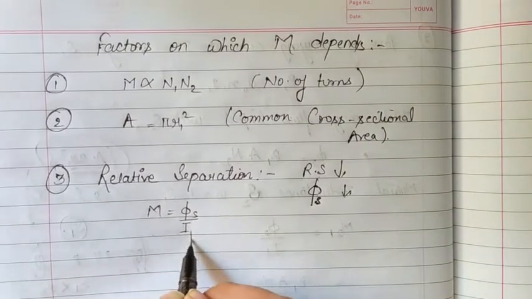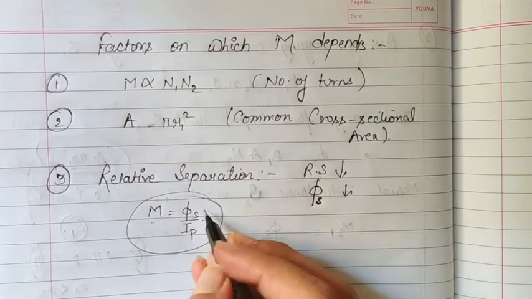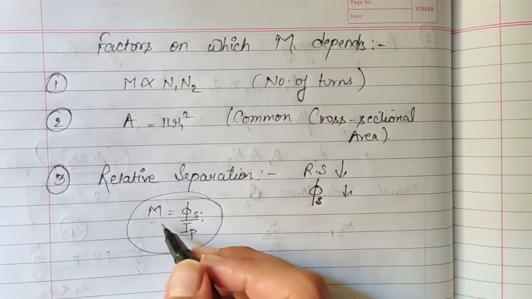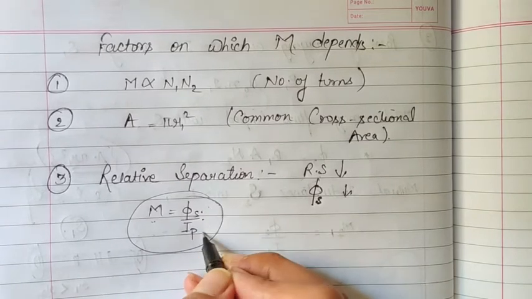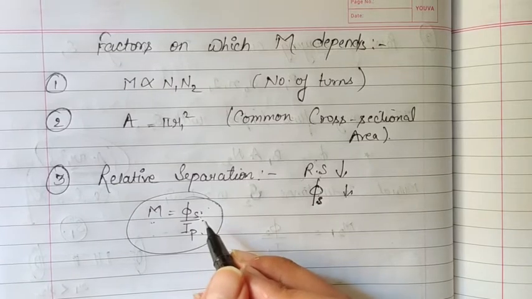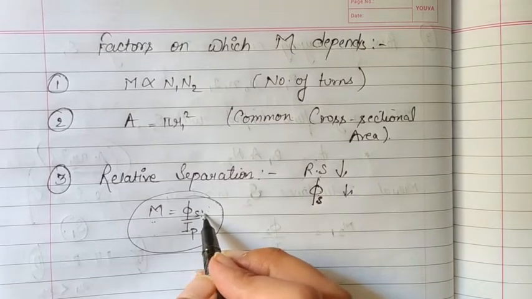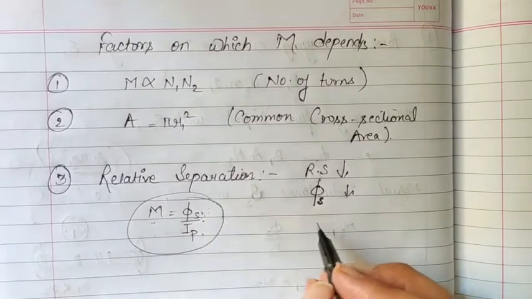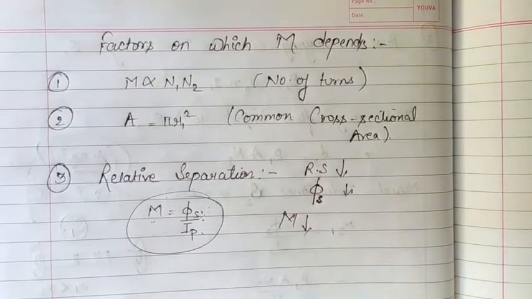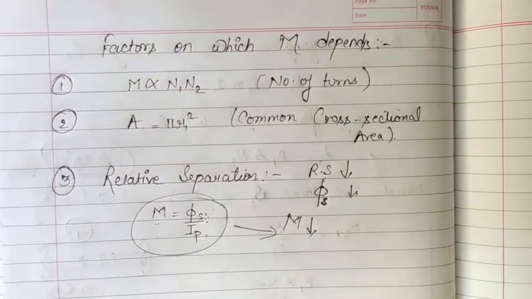We know this formula that mutual inductance is equal to magnetic flux upon current, where flux is of the secondary coil and current is of the primary coil. So if the two coils are separated, this value of flux is smaller, and because of that M will be small. So this is the third factor on which mutual inductance depends.